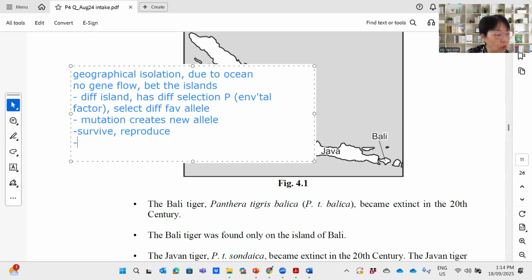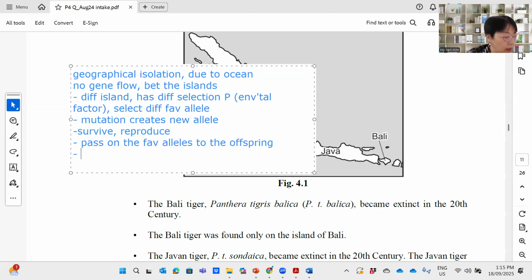Okay, and then therefore they will pass on the favorable alleles to the offsprings. So these are the standard points you need to mention in the evolution chapter. Okay. So up to this stage, you need to complete the answer by saying why they become different species.